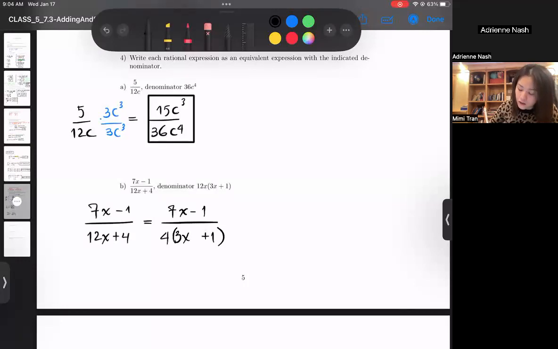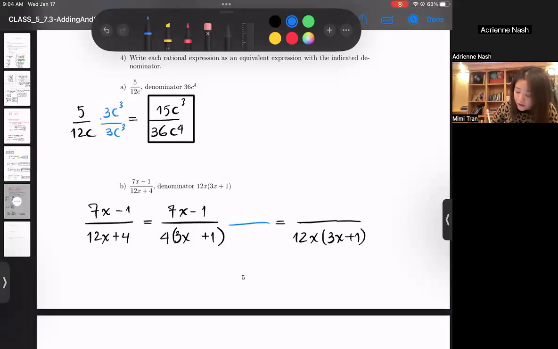Now, what do they want? The new denominator is 12x times 3x plus 1. So all you have to do is multiply by the things that you missed. You got 3x plus 1, you got 3x plus 1.